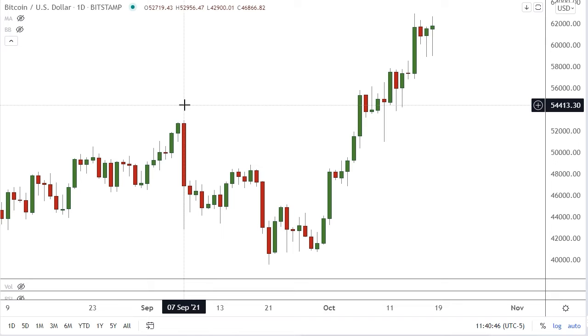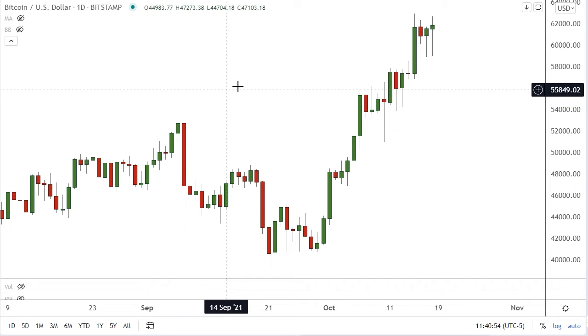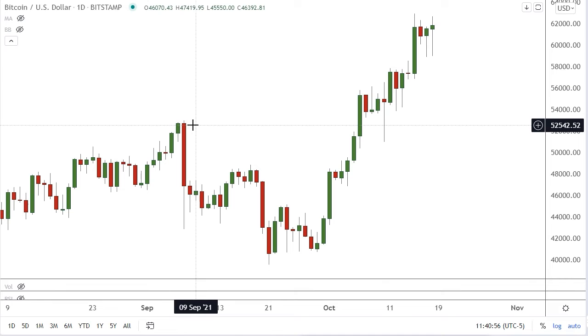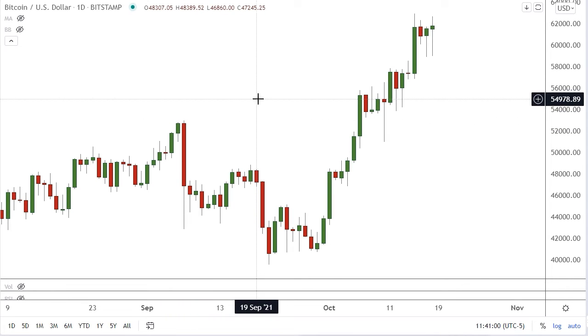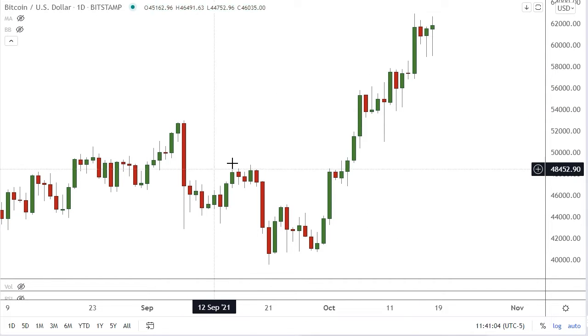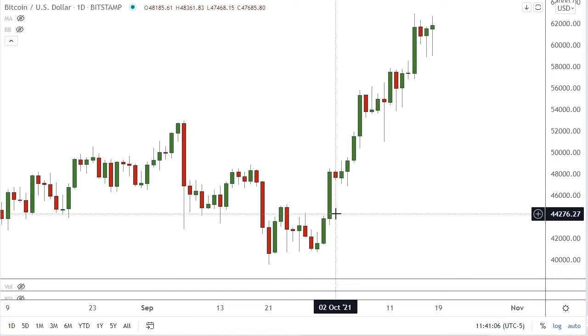Some of those close times may be different from broker to broker. Some of them may be GMT 0, some may be based on New York time or London time. So you just want to pay attention to when that closing time is for that particular chart or broker. But here, every one of these bars represents a 24-hour period of trading.